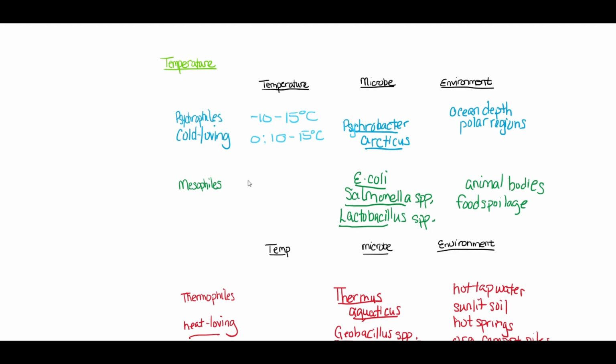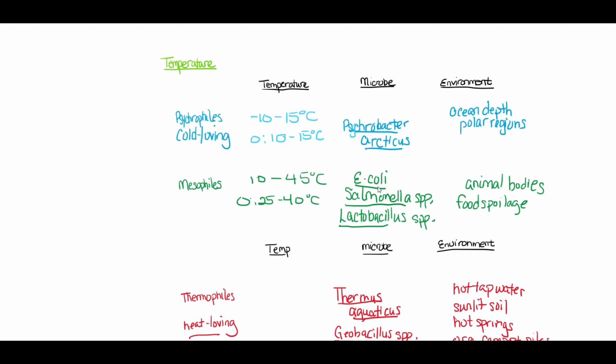We have mesophiles, and their range is 5 degrees to 45 degrees Celsius, and the optimum growth temperature is 35 to 40 degrees Celsius.